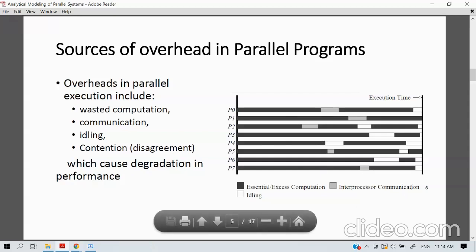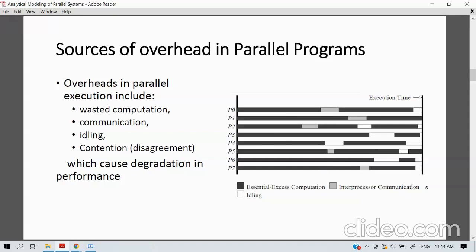Okay, so you all must remember, not all parallel processing is good. Sometimes during the execution, communication happens between the processors.